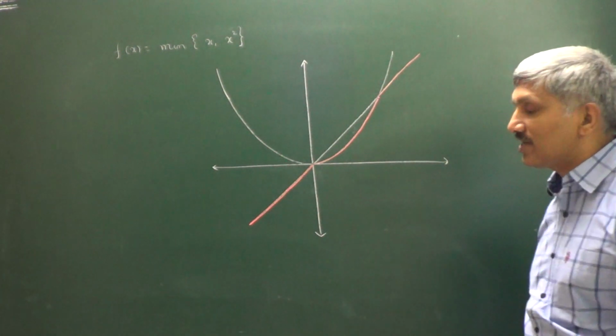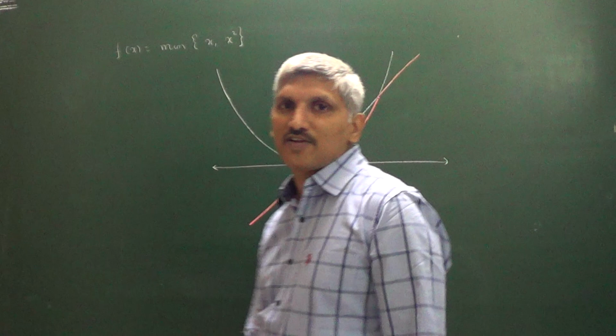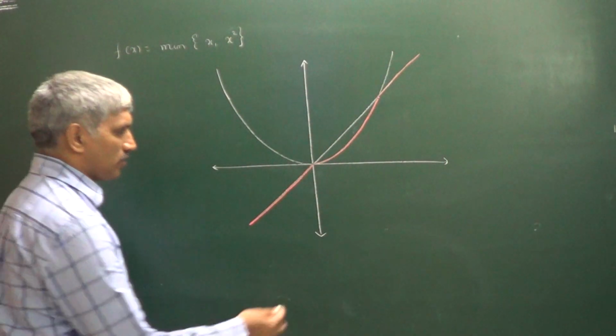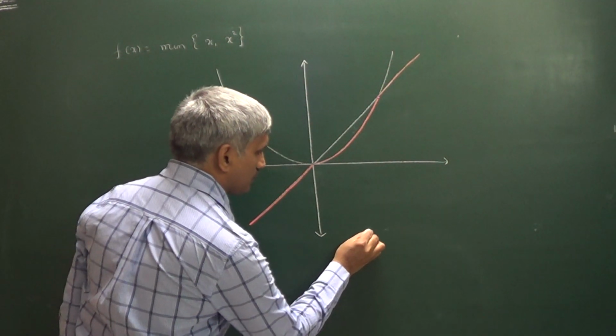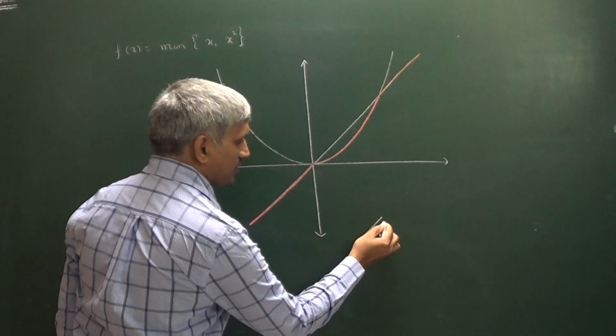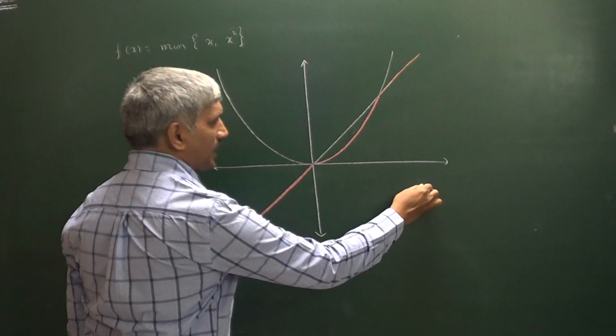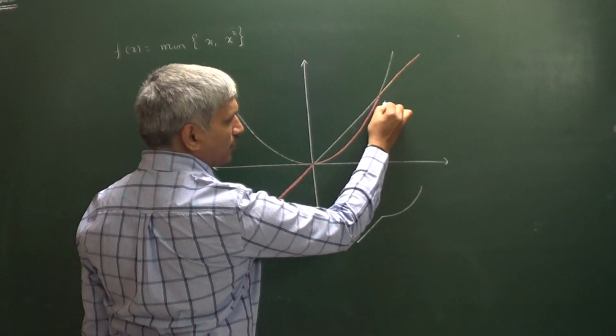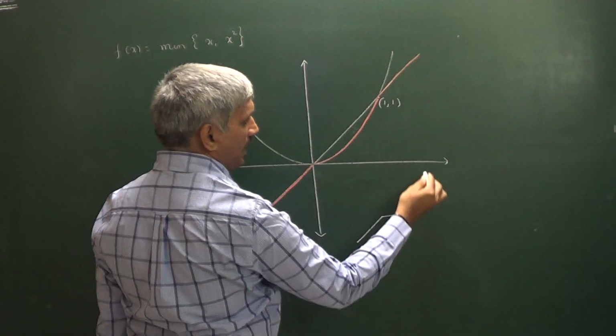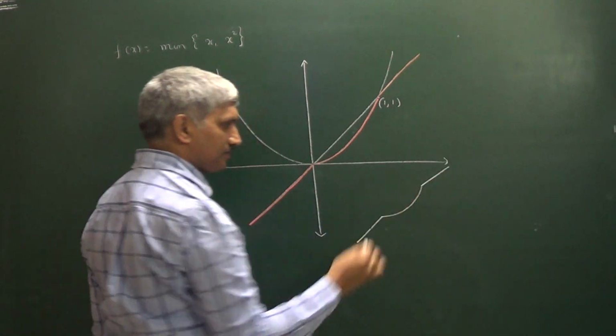So based on that information, now observe the graph you got like this. After reaching origin, we got the graph x square, and again after reaching this particular point 1 comma 1, again we got like this.